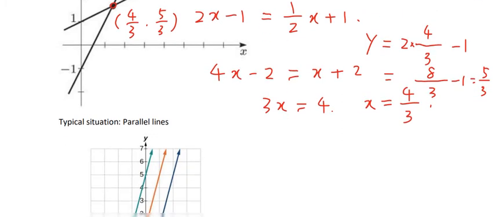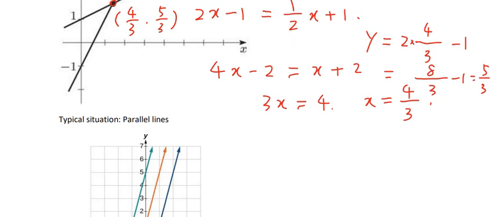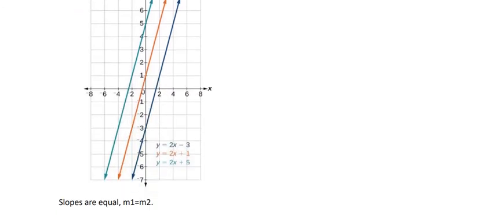Okay, so for parallel lines, there is no intersection. We want to check what the condition for parallel is. We find these three lines are parallel, and the coefficient of x is the same. This is y equals 2x minus 3, or 2x plus 1, or 2x plus 5.